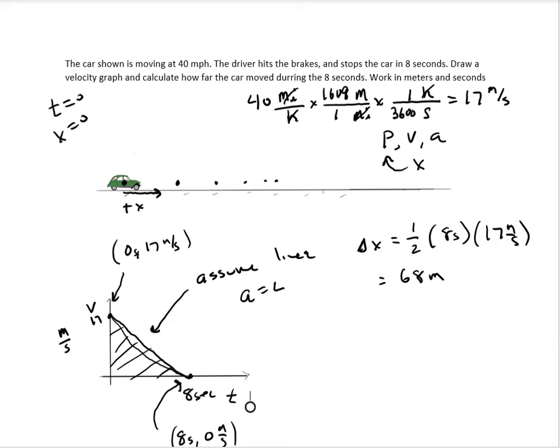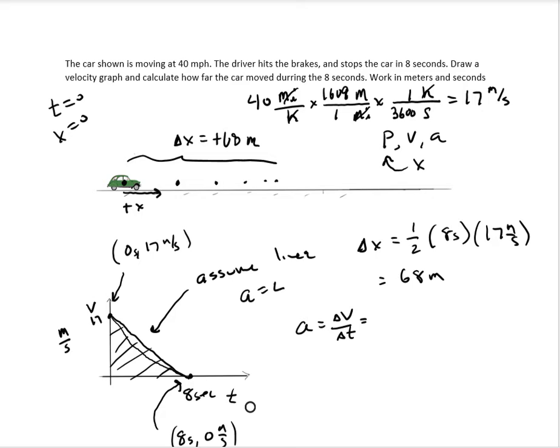So in our picture here, that would be this. That's our delta x, plus 68 meters. Now, although the question doesn't actually ask for it, I'm going to go ahead and calculate the acceleration anyway. Our acceleration is change in velocity over change in time. As far as this graph is concerned, what we're looking at is the slope.